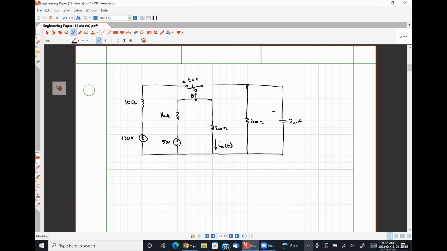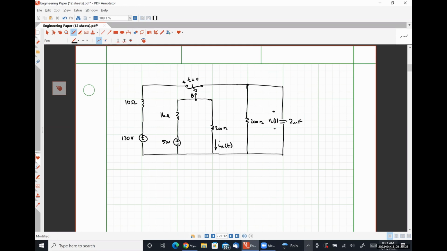And I'm going to label my capacitor voltage vC of t like so. All right, so we are effectively going to do the exact same steps that we did on Monday when analyzing a problem, except that we're going to add an additional step. We now have to analyze the circuit at t equals infinity in order to get that information to plug into our generic equation.